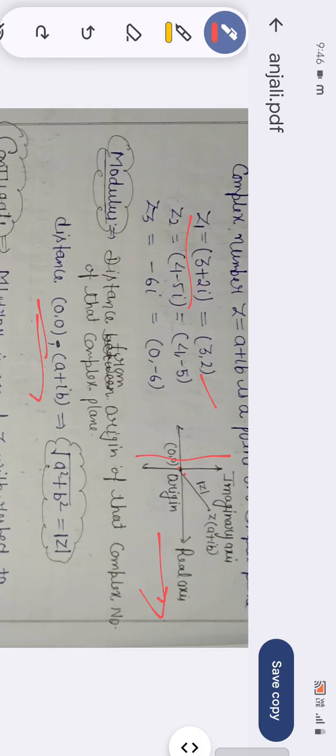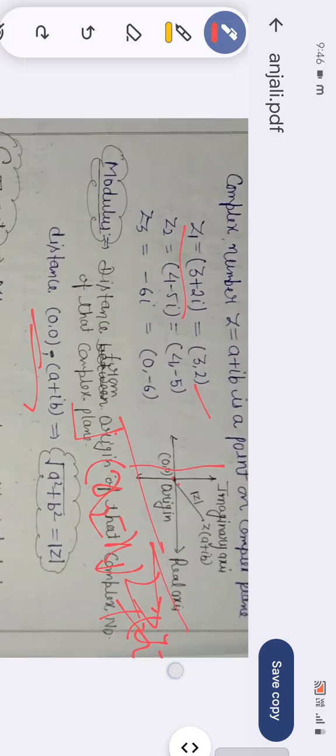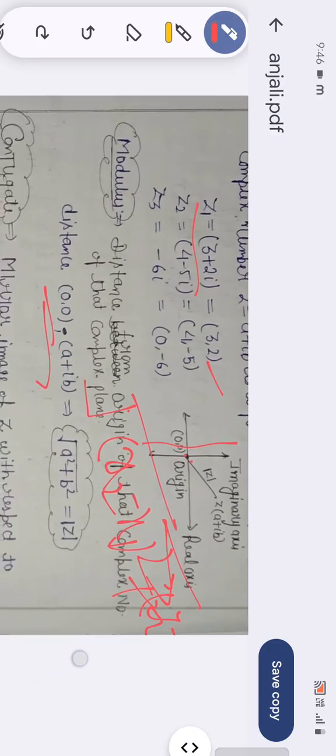We know the distance formula: root of x2 minus x1 whole square plus y2 minus y1 whole square. It is clear.